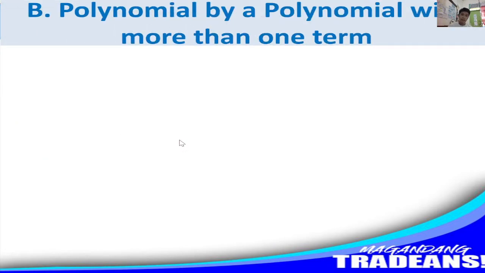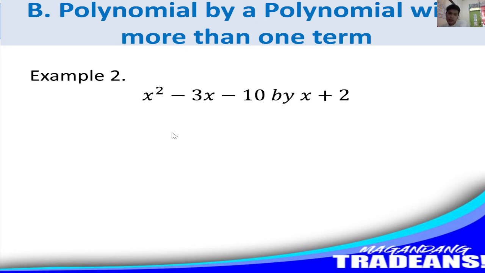Okay, let's have this polynomial by a polynomial with more than one term. So, how are we going to divide this one? Take a look at this example. We have x squared minus 3x minus 10, and we are going to divide that one by x plus 2. So, in this case, you're going to write x squared minus 3x minus 10, then divided by x plus 2.